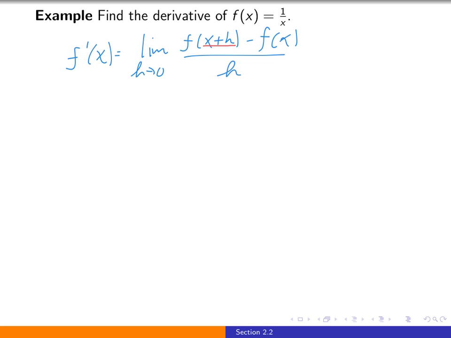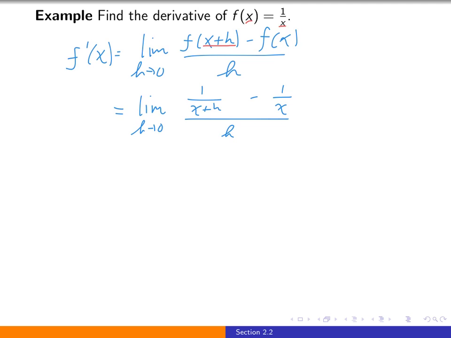Wherever we see an x in the function f of x, we replace that x with an x plus h. So this will become the limit as h approaches 0, and the function evaluation f of x plus h is 1 over x plus h, and we're subtracting away the function f.